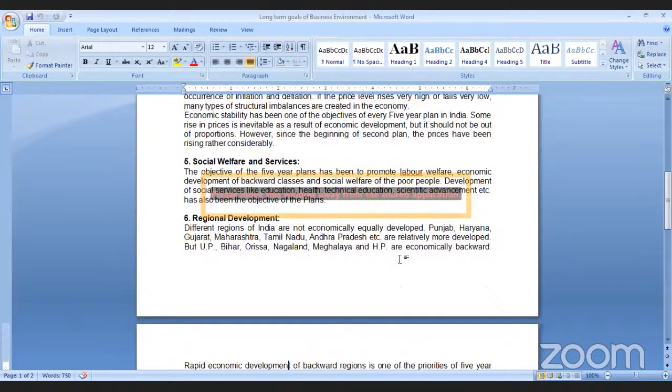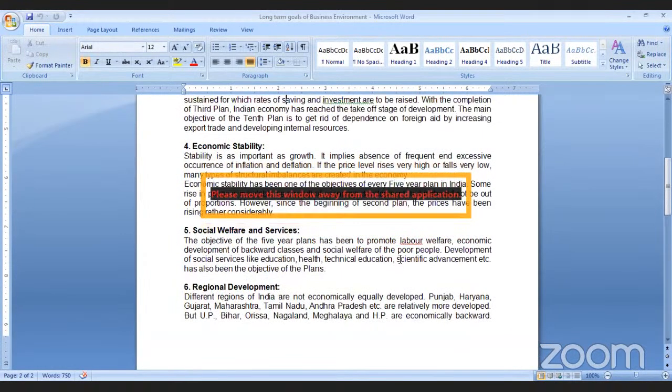Then next, you need to identify the social welfare services. Now what do you understand by social welfare services? As I have told you, when you present your project, which is a finance project, maybe your expert will ask a question: what is the social implication of your project?